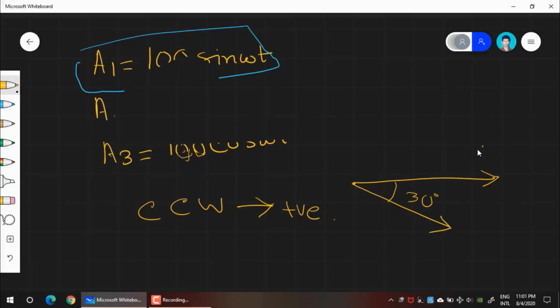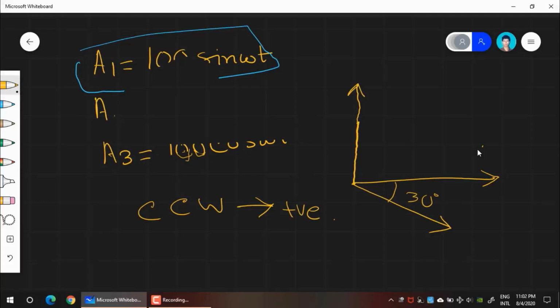So if you have to draw the phasor diagram of all these, let me draw first 100 cos omega t, that is sine omega t plus pi by 2. That will be just perpendicular to our reference phasor. Its magnitude should also be 100 by root 2.